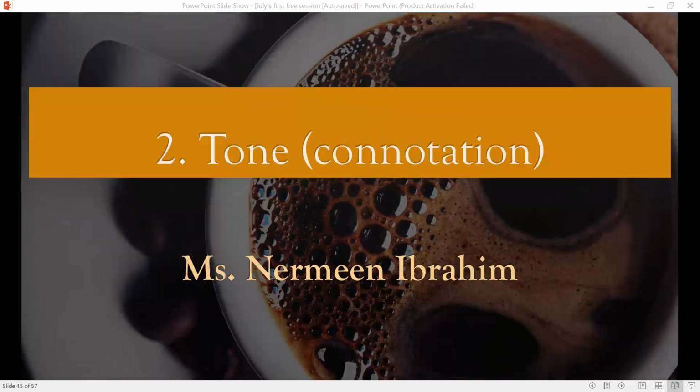Also, the tone plays a very important role in our vocab in context questions. So you need to identify the tone of the various parts of the text, especially the one that has the blank, the space that you need to put the required vocab word in.